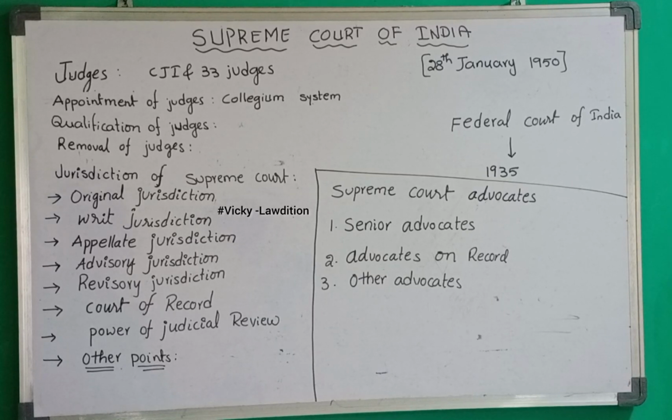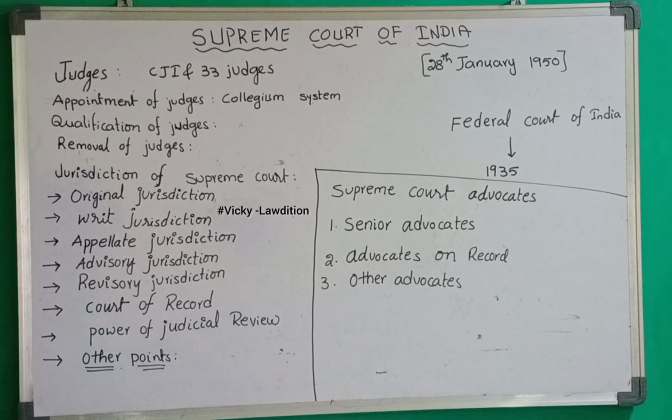The oath to a judge of the Supreme Court is administered by the President or some person appointed by him for this purpose. The same applies for the CJI also. The Constitution has not fixed the tenure of judges of the Supreme Court. There is no particular provision in the Constitution for the tenure of judges.